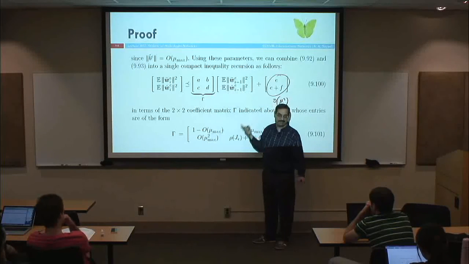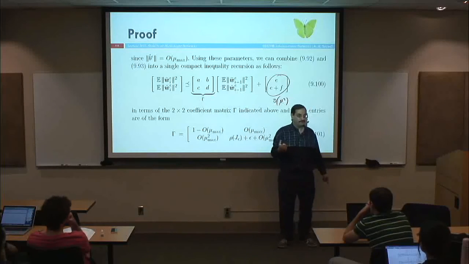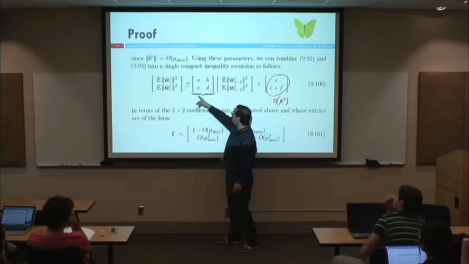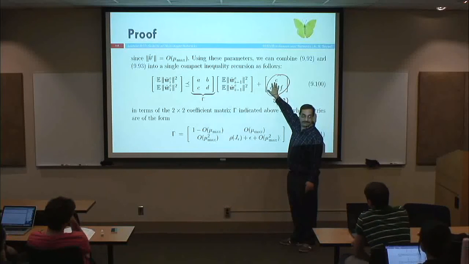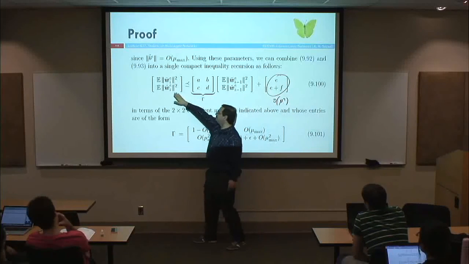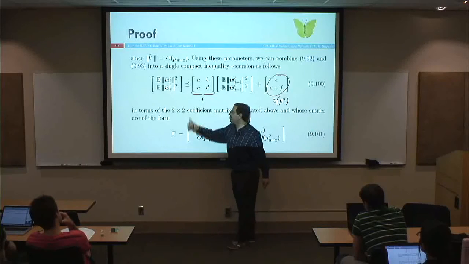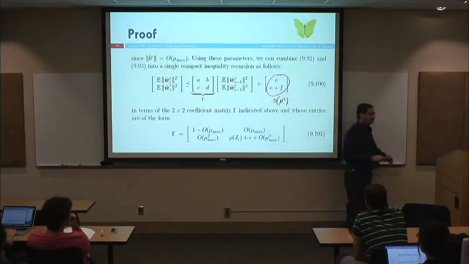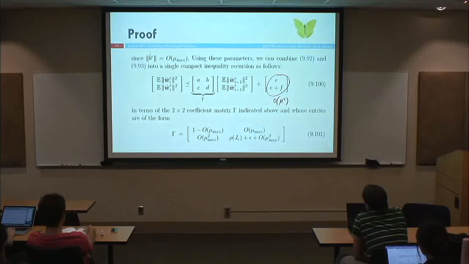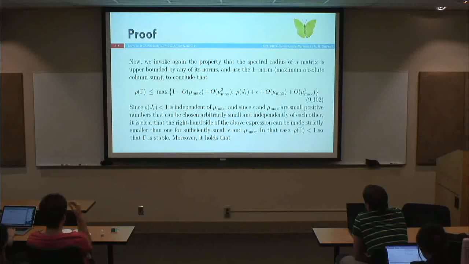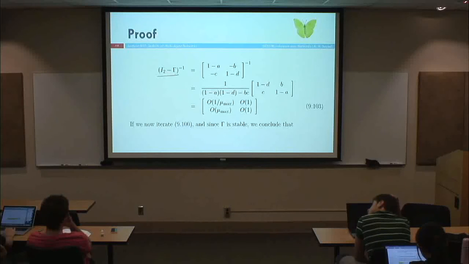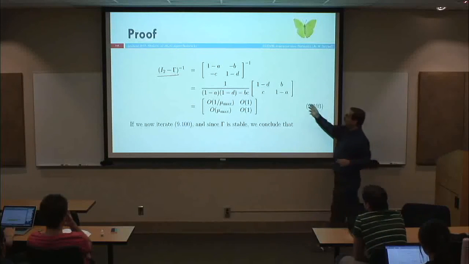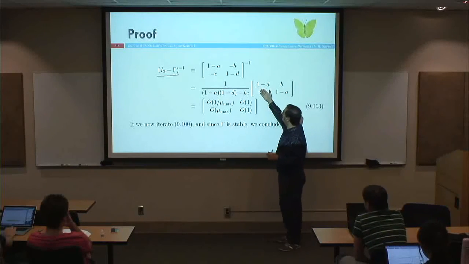So if you iterate this, where will that recursion go to? Right? It will go to I minus gamma inverse times this. Correct? The limit of this, or lim sup of that, will be I minus gamma inverse times that. Okay? So this is the argument about this. Okay. So what is I minus gamma inverse? Well, the inverse of this is a 2 by 2 matrix.